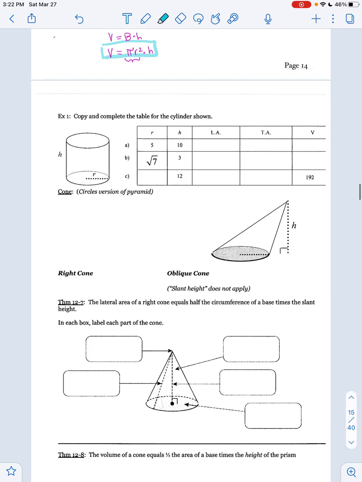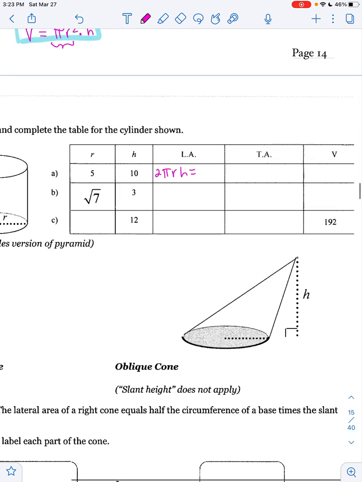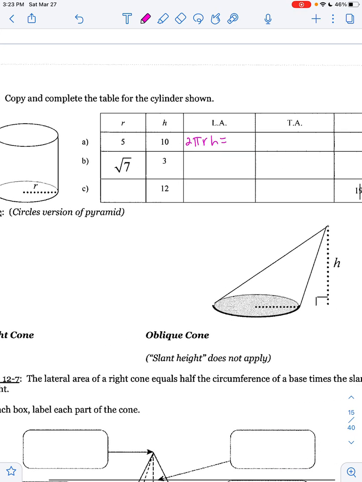On the next page, you'll see that on part A, you're given the radius and the height, calculate lateral area, total area, and volume. So for the lateral area, if we think about the lateral area from above as the circumference times the height, or 2 pi r h, let's write out the formula and do our substitution. We're also going to keep in mind, just like when we were dealing with circles, everything's going to be in terms of pi.